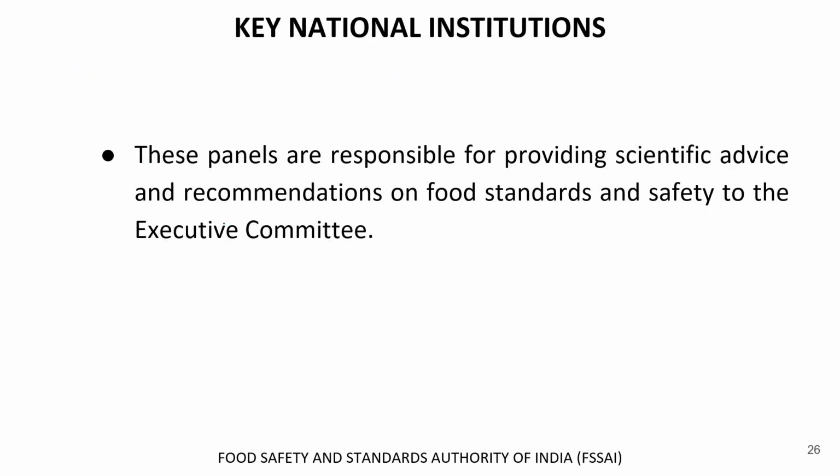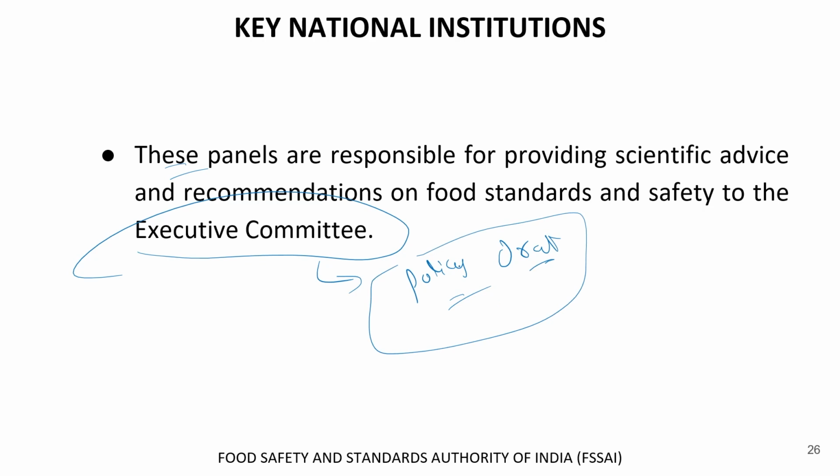These panels provide scientific advice and recommendations on food standards and safety to the executive committee. Then the policy draft will be made, which will be discussed in the top level meetings of the authority.